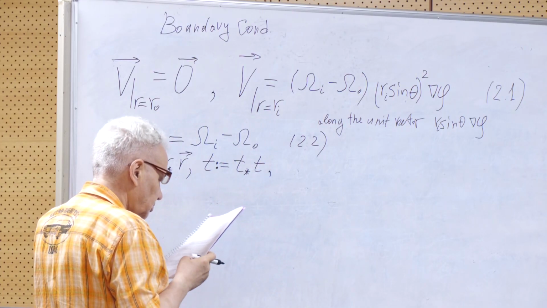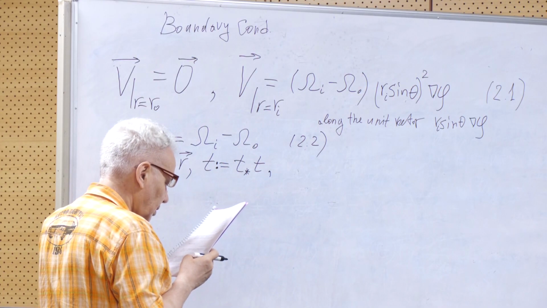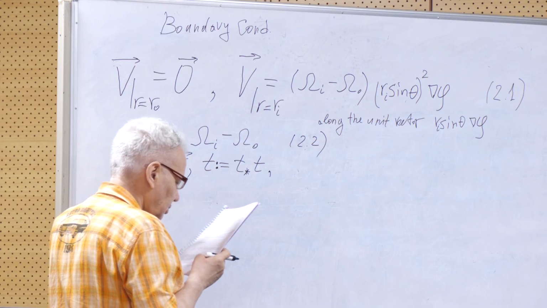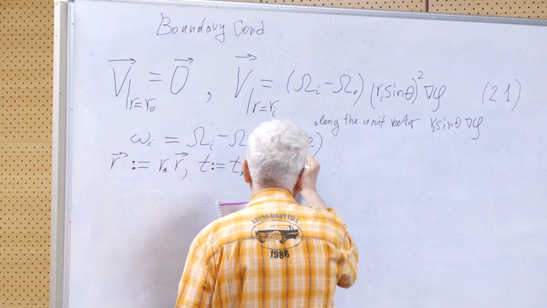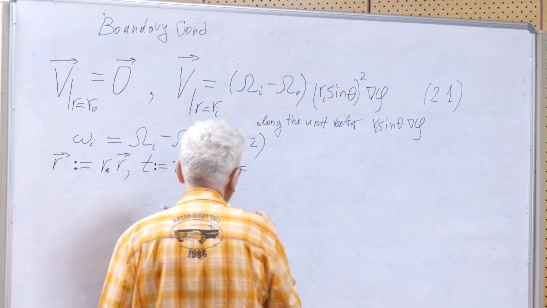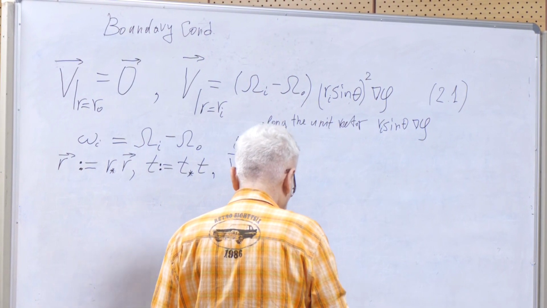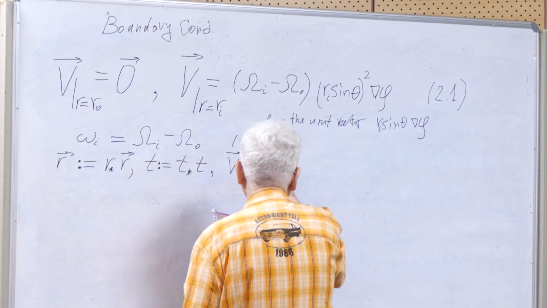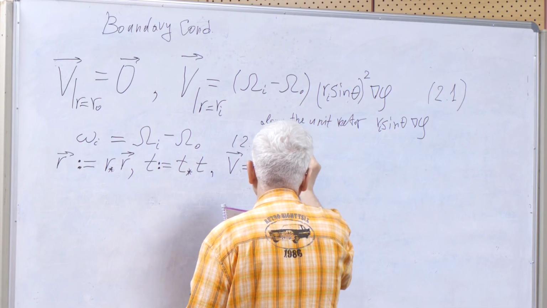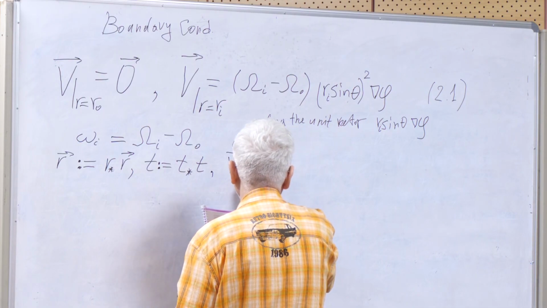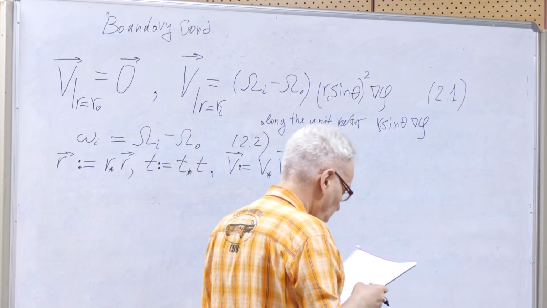And then the same trick with velocity: characteristic value times velocity. We just replace, it's important.